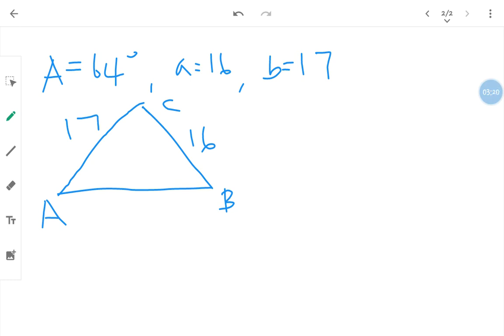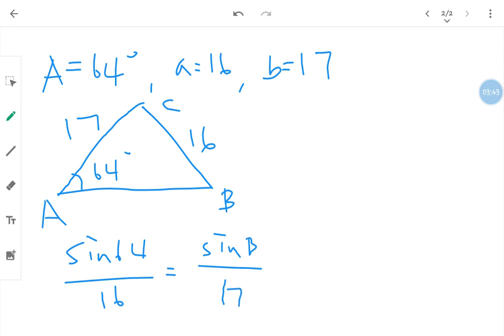This time my angle A is 64 degrees here. So let's use the law of sines to find angle B. Sine 64 over 16 equals sine B over 17. That's how we set it, right?